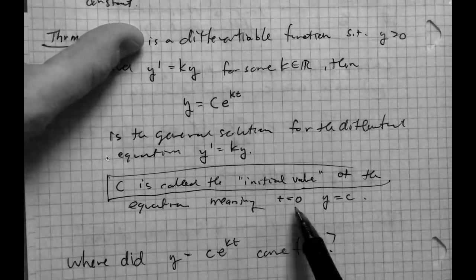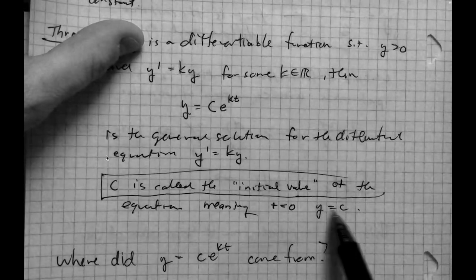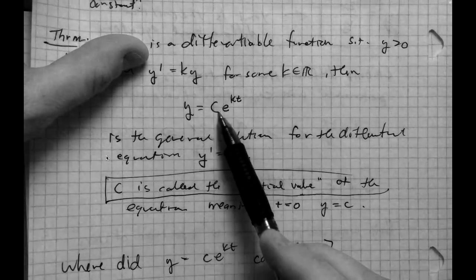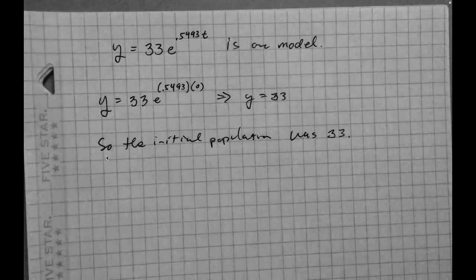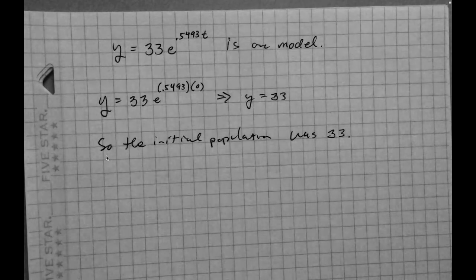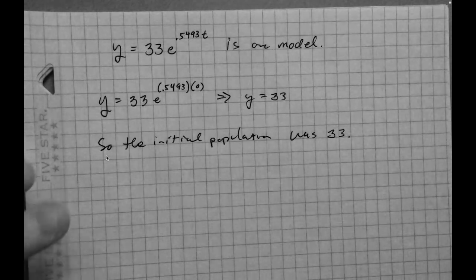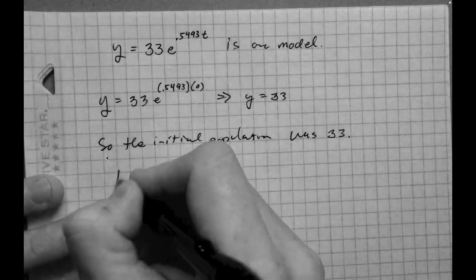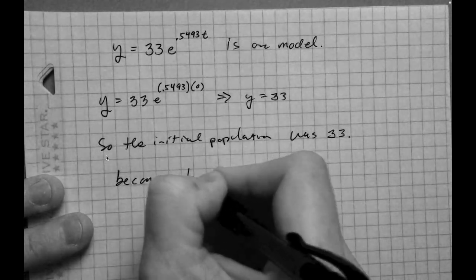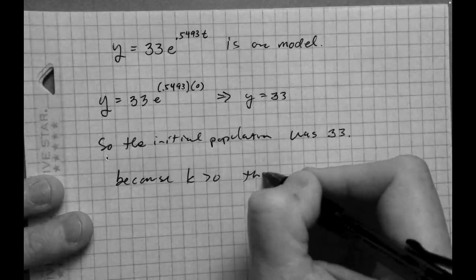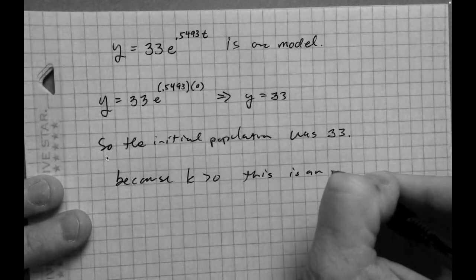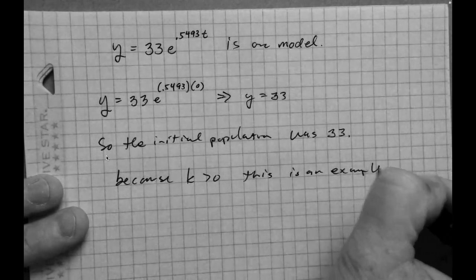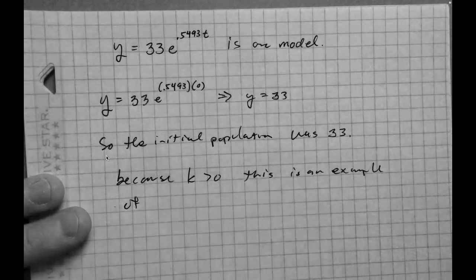It's the initial value specifically because t is equal to 0 and y would then be equal to strictly C. That's what we just showed. So this would be an example of exponential growth, because k is greater than 0.